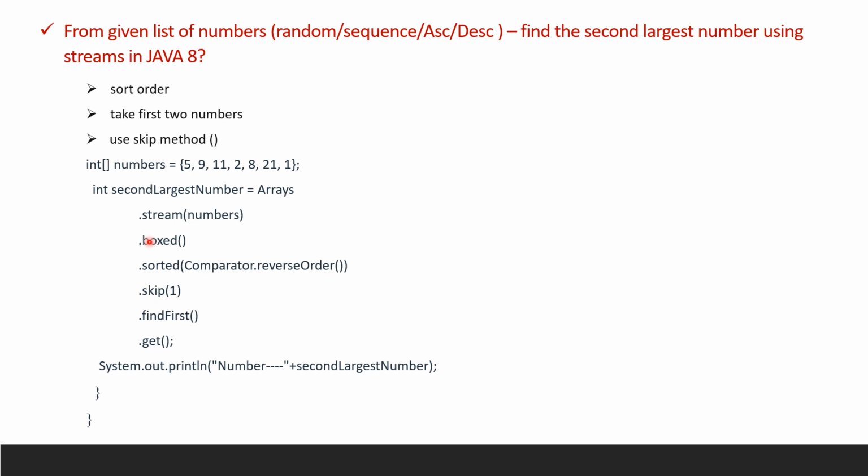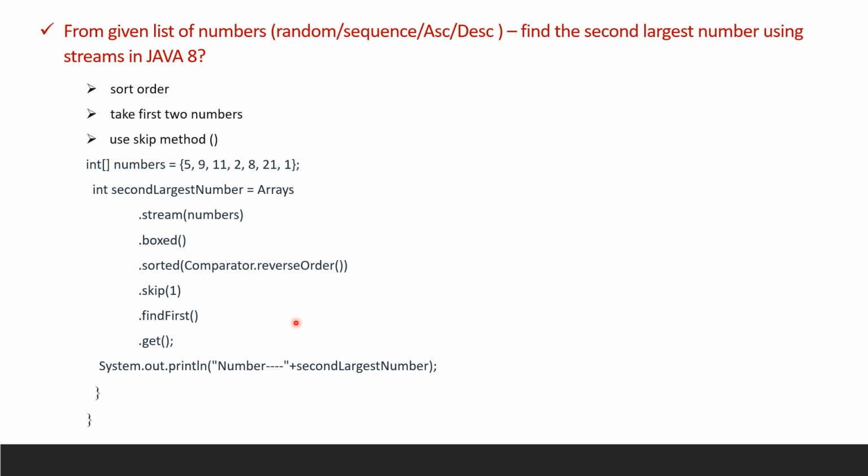What the boxed and sorted methods actually do, you have to refer to, and skip as well. Along with the skip method we also have the limit method, but don't confuse the difference between skip and limit. After skipping the first element, whichever number is mentioned, we then find the first element and get that.